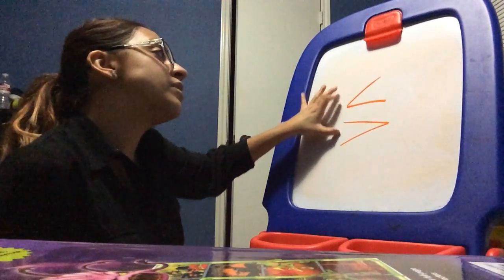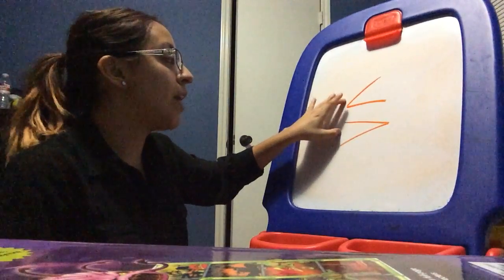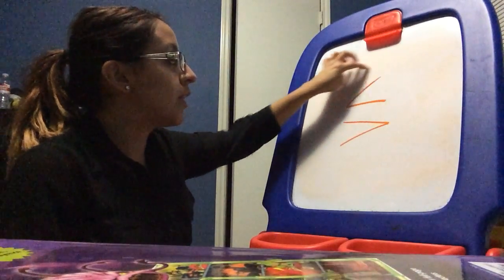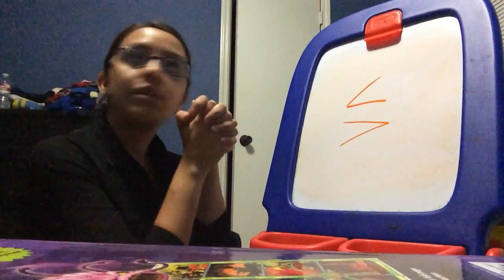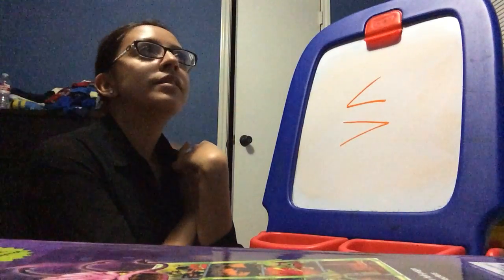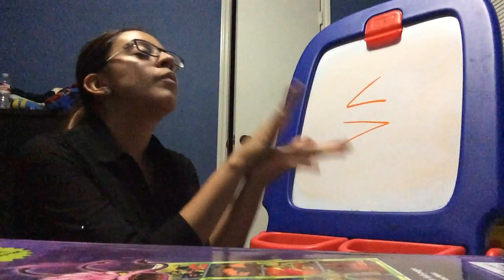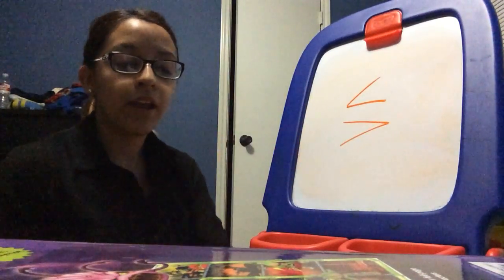So a cool way to be able to properly use these symbols is to imagine that this symbol is a crocodile mouth, like this. Crocodiles like to eat. We all like to eat. So the crocodile mouth is always going to be open to the bigger number. Let's say a crocodile has 1 pound of food.